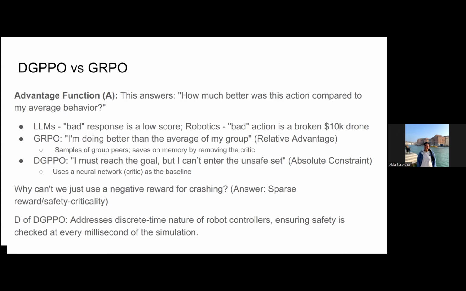So when we think about why framing it this way is relevant, as in why GRPO and DGPPO are so different, there's this bullet. With an LLM, a bad output is just a low score, a bad response. It's like you ask it to do 2 + 2 and it says it's 3, whatever, it made a mistake.